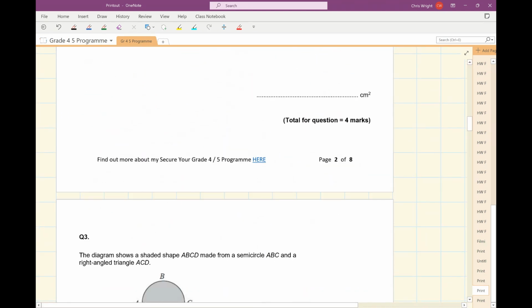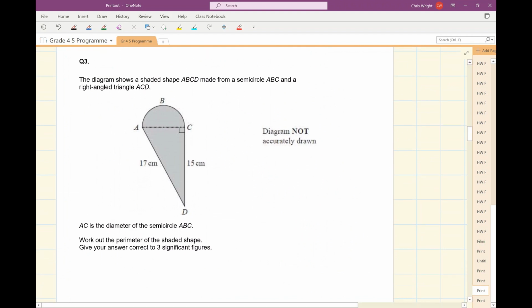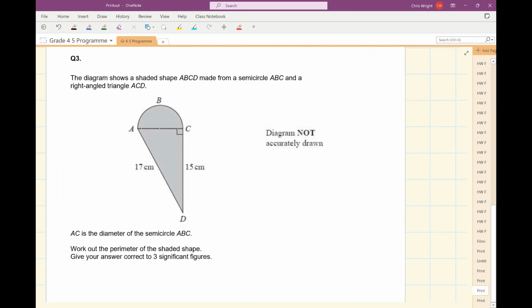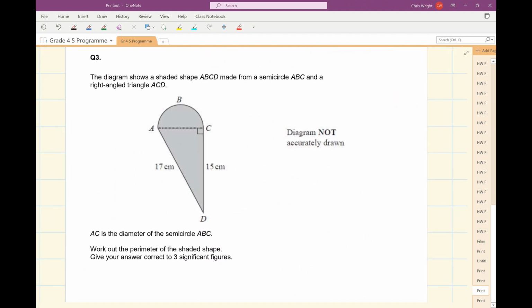Okay, question 3. Right, let's have a look. The diagram shows a shaded shape A, B, C, D. Yes, it does, that whole shape. Made from a semicircle. Here's the semicircle.